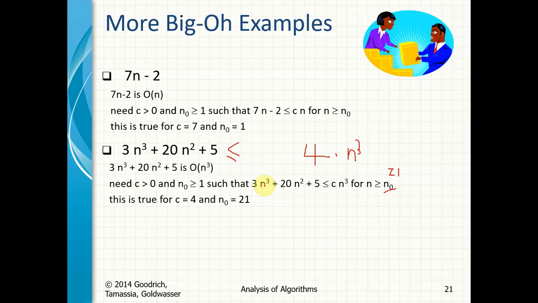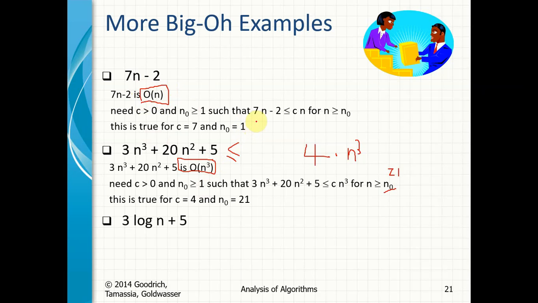Let me restate that the values of c and n0 are not the main concern in the analysis of algorithms, but we would like to know about the upper bound, that is this function. As long as we can find this function, we can get the upper bound.